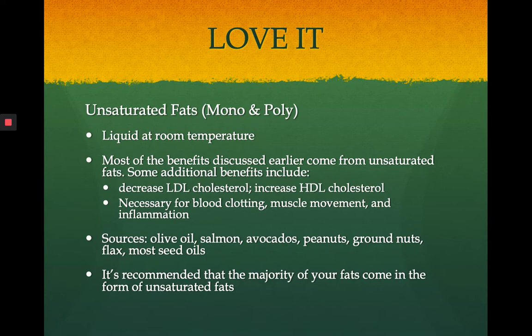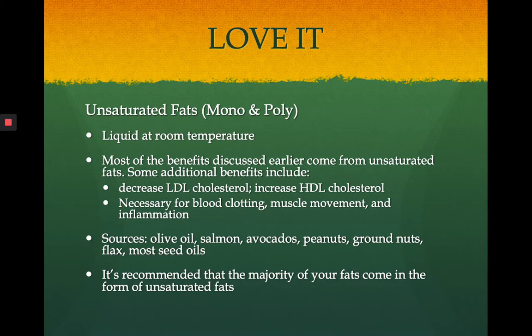Most of the benefits that we discussed earlier come from these unsaturated fats. Some additional benefits include decreasing the LDL or the unhealthy cholesterol and increasing the HDL cholesterol, the kind that we want, the kind that helps reduce the risk of heart disease. It's necessary for blood clotting, muscle movement, and inflammation.